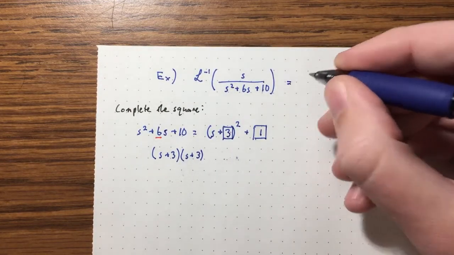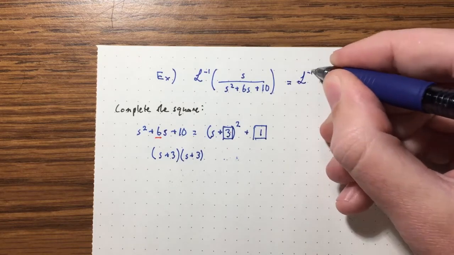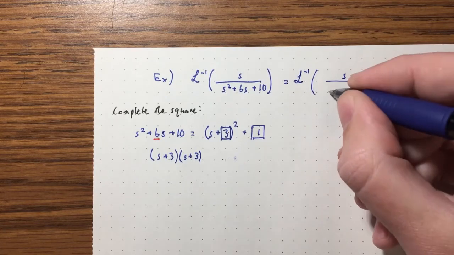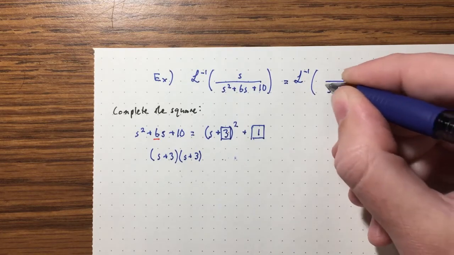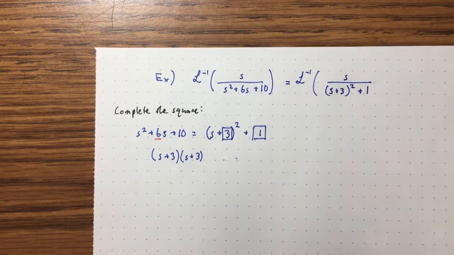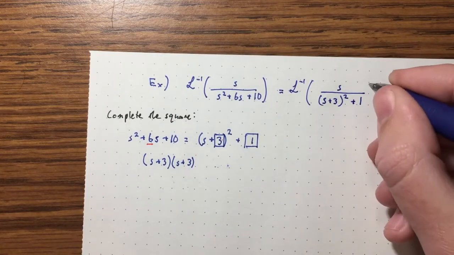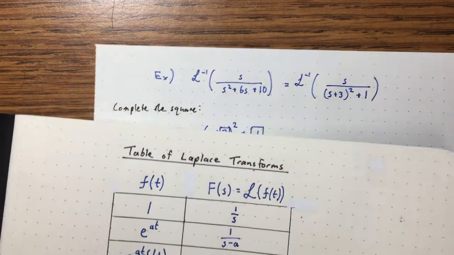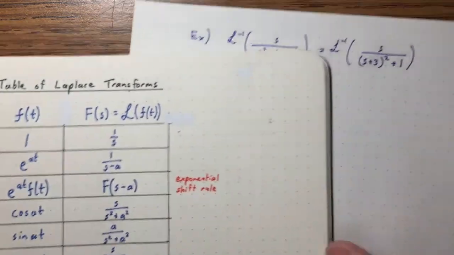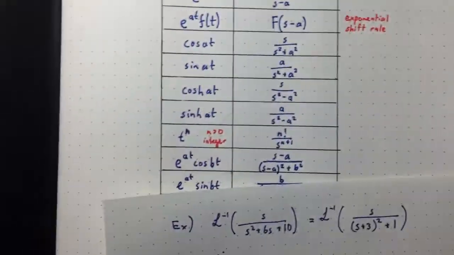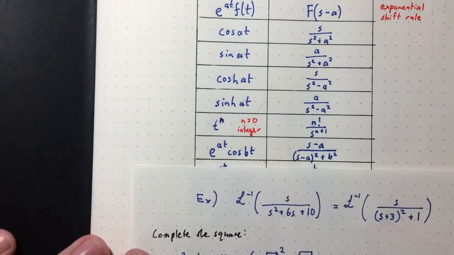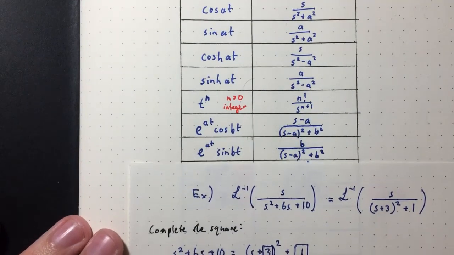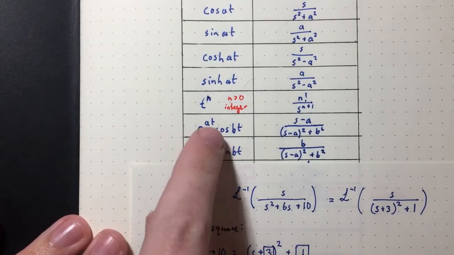So why is this going to be useful? Well, s plus 3 squared plus 1 is a way we can rewrite the denominator. Let's go back to our table. It now looks very similar to these two.